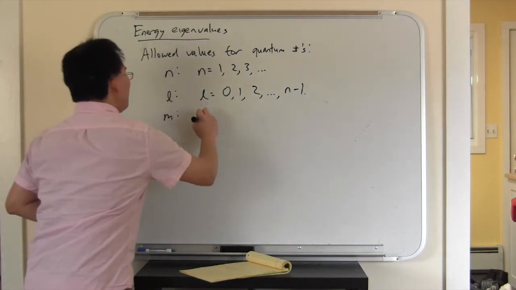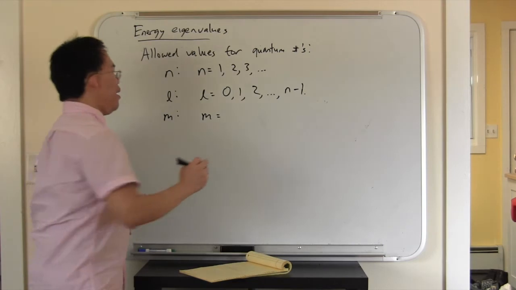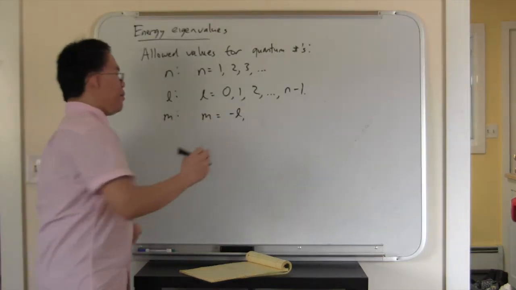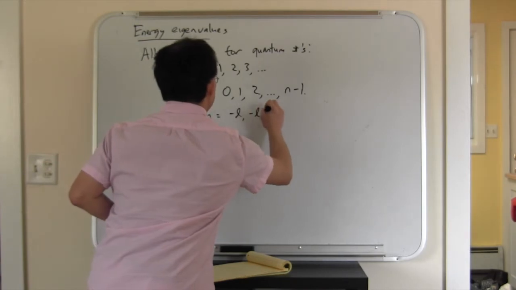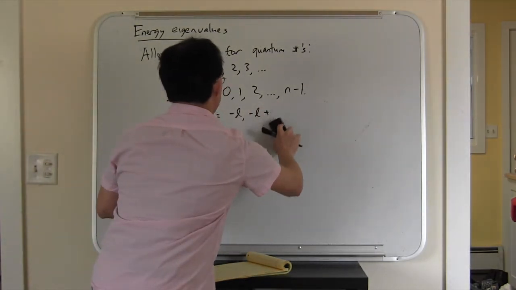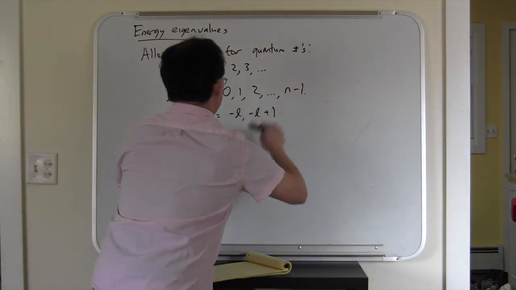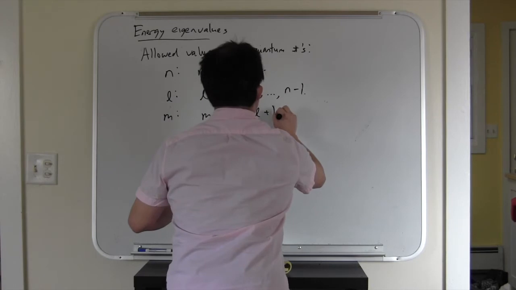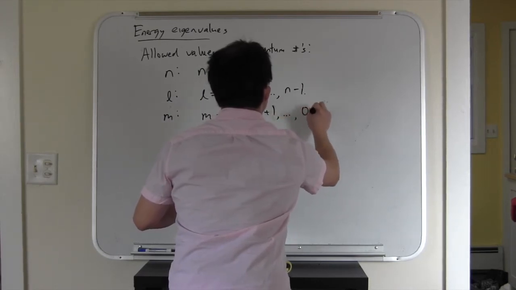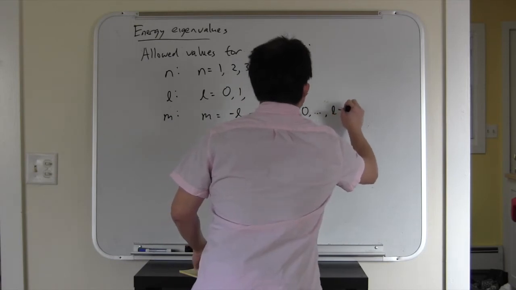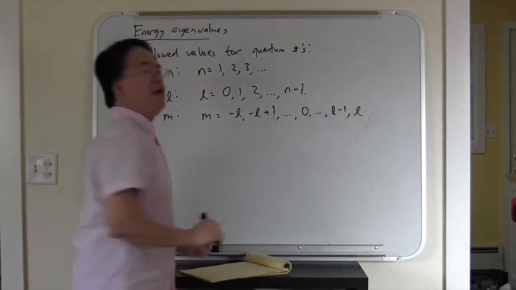So m can vary going up from minus L, so minus L plus 1, counting up by integers, dot dot dot, 0, and then all the way through L minus 1 and L.